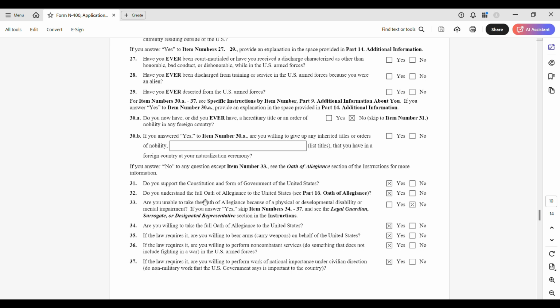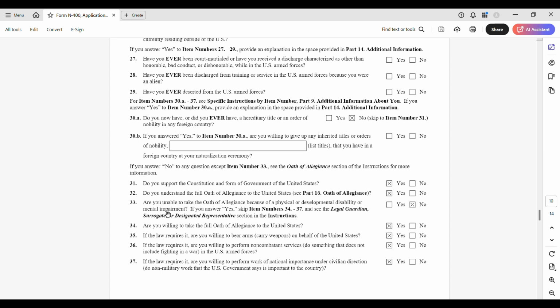Do you understand the full oath of allegiance of the United States? Again, you should have an understanding before completing this form, and your answer should be yes, because it is a requirement for becoming a U.S. citizen, so that you know exactly and agree to what you are applying for.